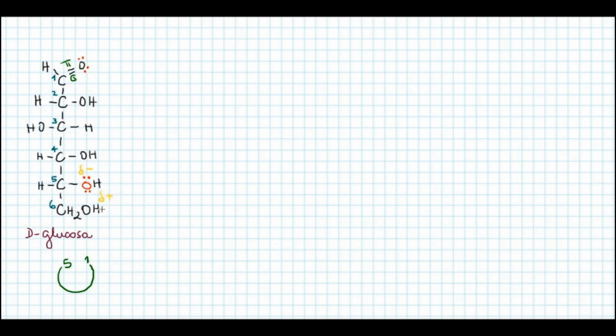due to electronegativity. Because of this, and since carbon 1 is very close to carbon 5, what is going to happen is that the hydrogen of the hydroxyl group of carbon 5 migrates and joins the oxygen of carbon 1.